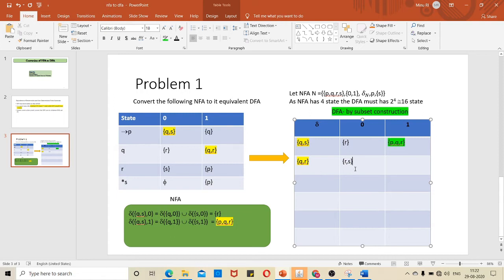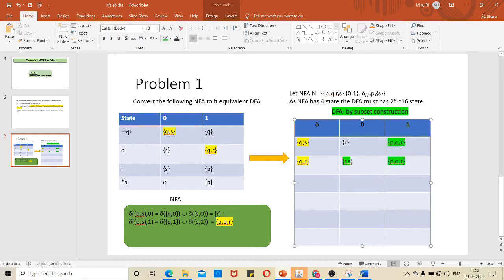So this is another new state, so make it in a different color, remember. Then in q when it is 1 it goes to q comma r, and in r when it is 1 it goes to p, so it is p comma q comma r. This state is already there, so no problem.